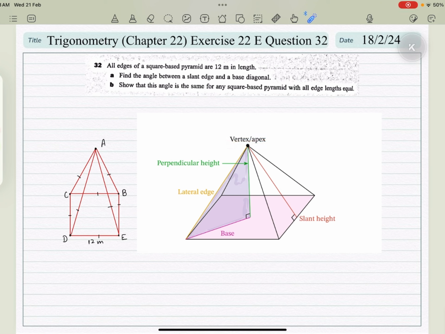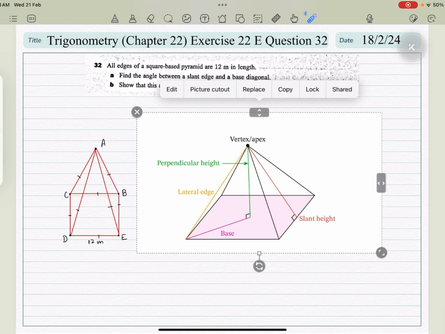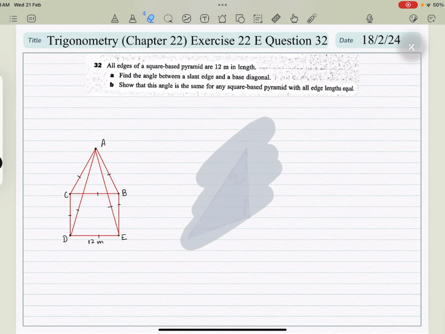Now, having known this, we can erase this figure and look at this figure. In this figure, we're going to draw our base diagonal like this, and of course these diagonals intersect at a point.